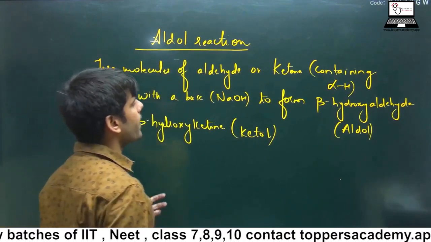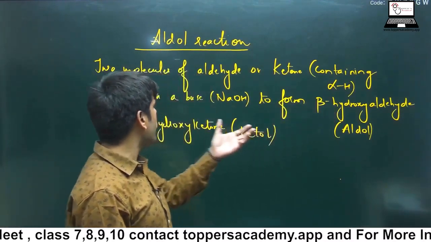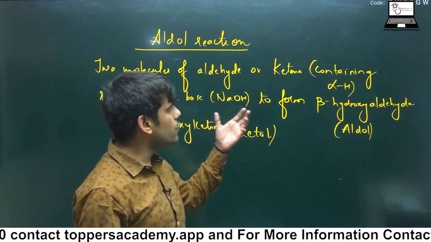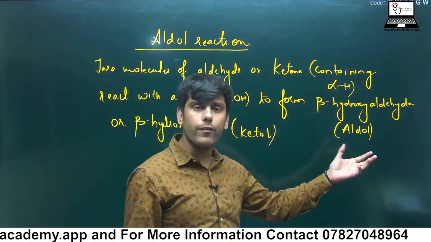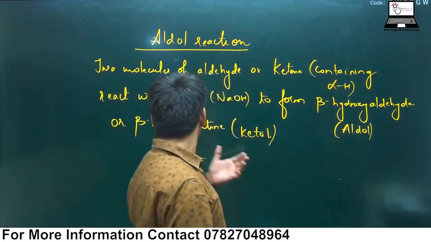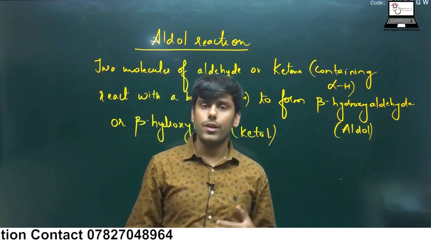So two molecules of aldehyde or ketone containing alpha H react with the base to form beta hydroxy aldehyde, which is known as aldol, or beta hydroxy ketone, ketol.